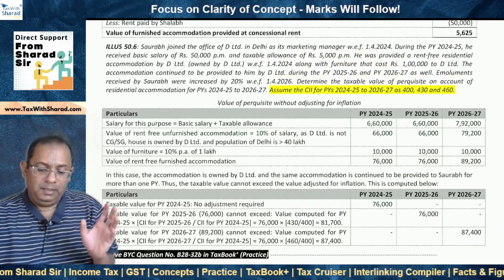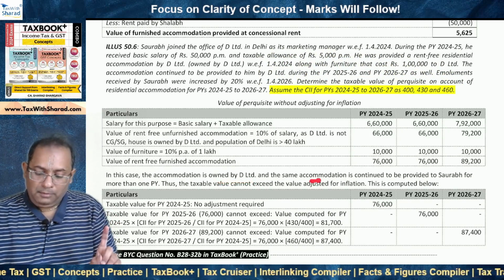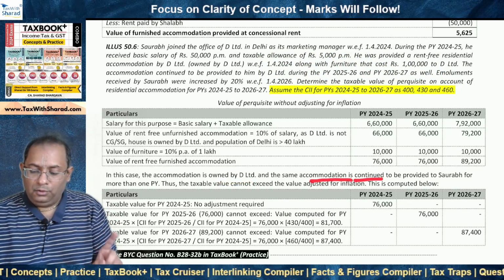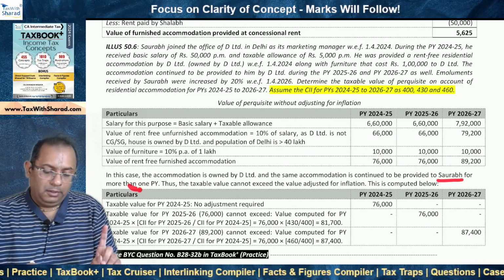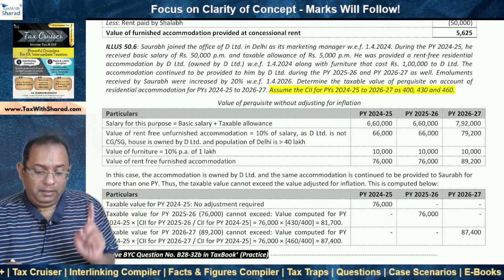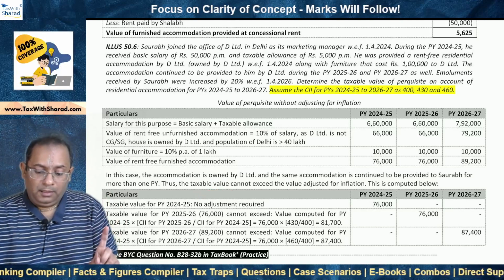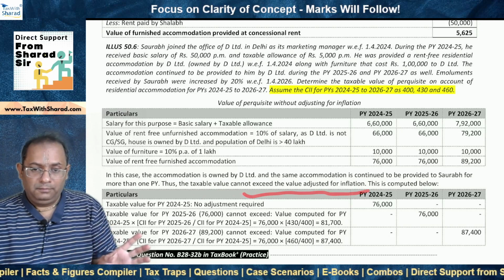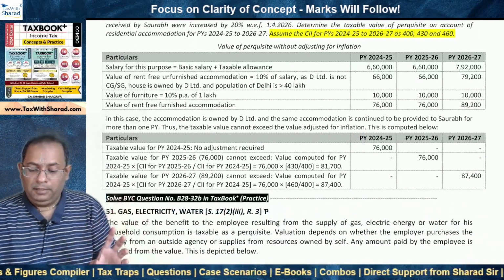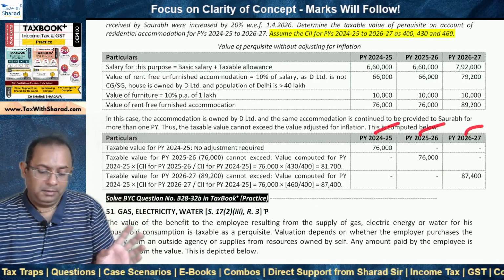But now we see in the question that the accommodation is owned by D Limited and the same accommodation is continued to be provided to Saurav for more than one previous year. If this is the fact pattern in the question, then we need to understand that the taxable value cannot exceed the value adjusted for inflation. And then the taxable value will be computed as follows: previous year 24-25, 25-26, 26-27.